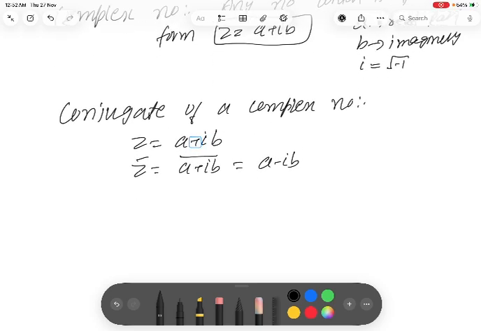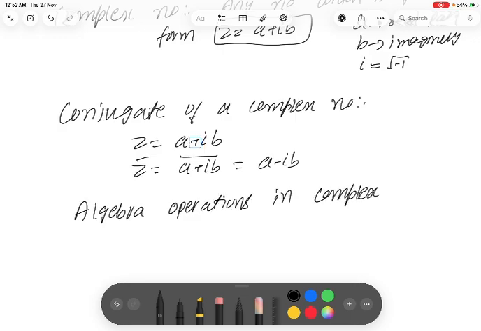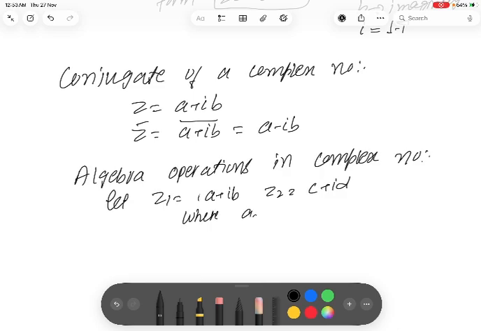Now we will see what are the basic algebraic operations in complex numbers. First, let z1 is equal to a plus iota b and z2 equal to c plus iota d, where a, b, c, d belong to R. That is, these are all real numbers and iota is equal to under root of minus 1.